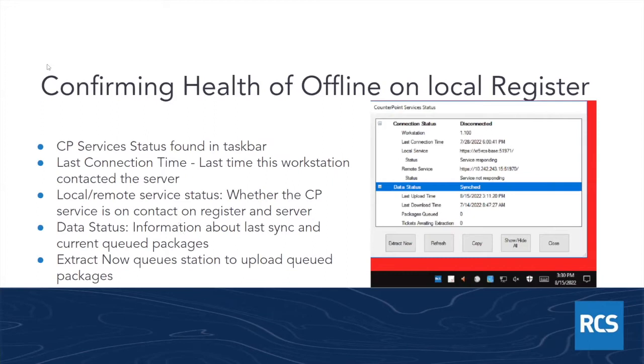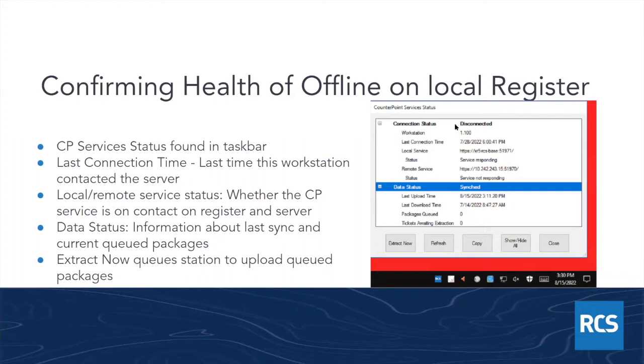Now, to make sure that everything is synced properly on the local register, most of the time we are going to utilize the CP Services status icon. You can see it in the system tray of a register with offline installed. It'll show you the connection status. Disconnected does not necessarily mean that it's unable to reach the server, although in this screenshot, it is unable to reach the server.